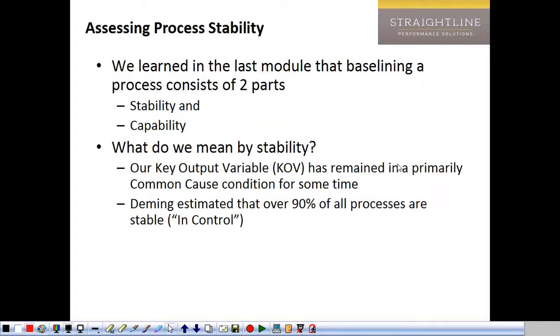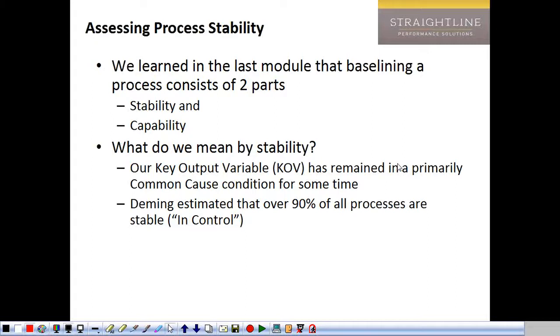Okay, we just talked about stability and capability. I'm not going to talk about this anymore. The interesting thing is that, again, I want to repeat that many people think, oh, this is an out-of-control process, or this is such an unstable process. Remember, we're talking about, is it what I would call a stable process? Is it stable with respect to that key output variable?